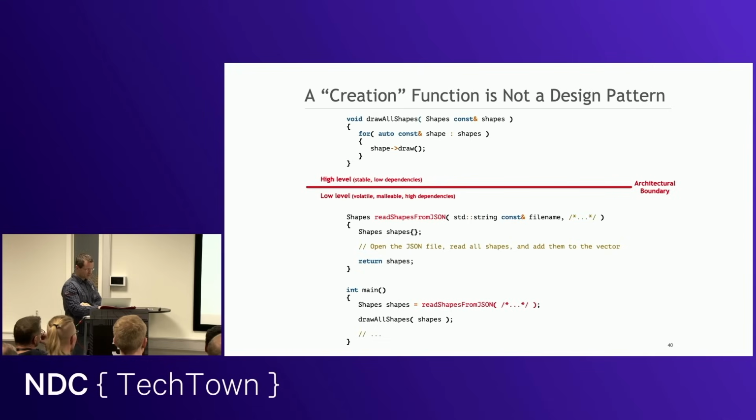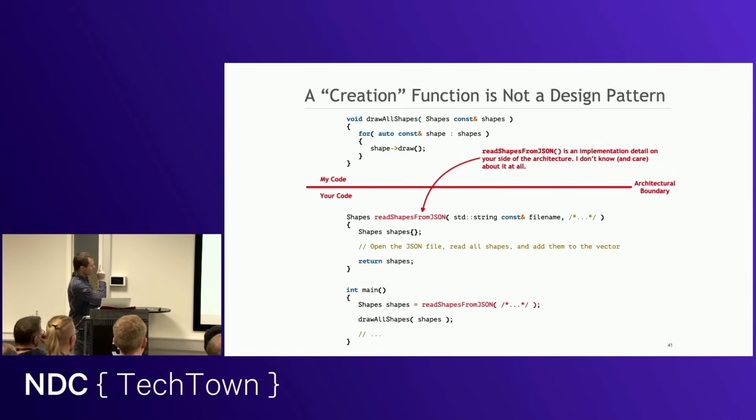So let's make it a little more specific. The upper code is my code, and the lower code is your code. So you read shapes from JSON, and it's good for you, absolutely. This is valuable for you, but I don't care about this at all. It's a little implementation detail on your side of the architecture. I don't have to know this.